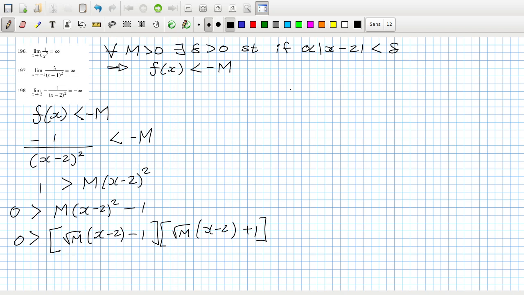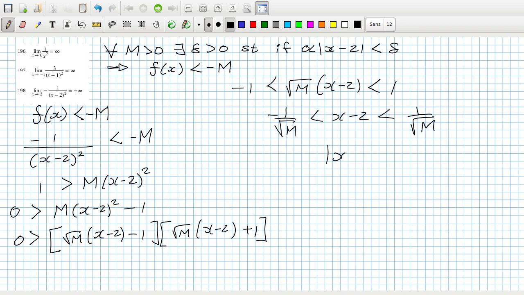So that means we'll have root m times x minus 2 less than 1 and more than minus 1. So minus 1 over root m less than x minus 2 less than 1 over root m.